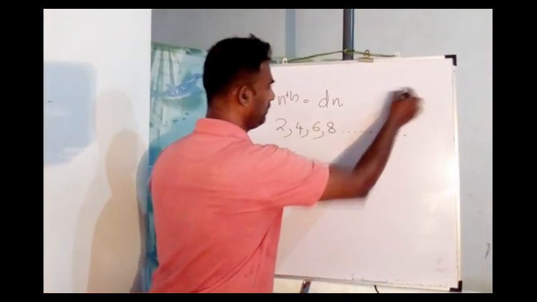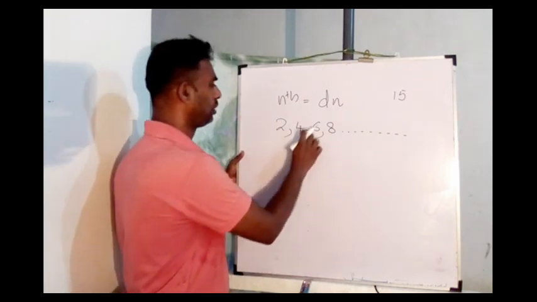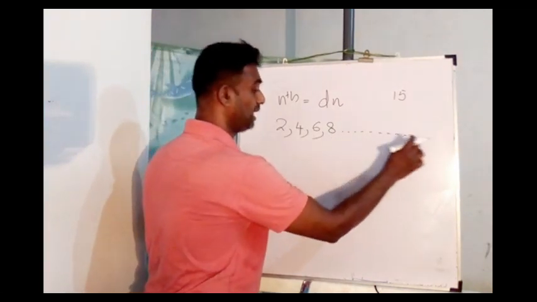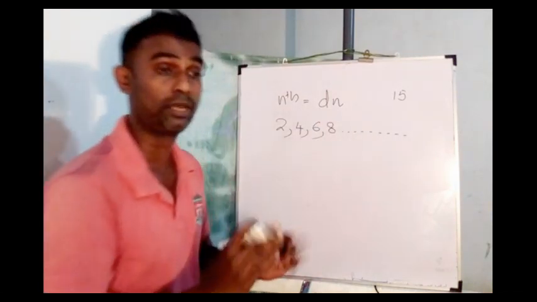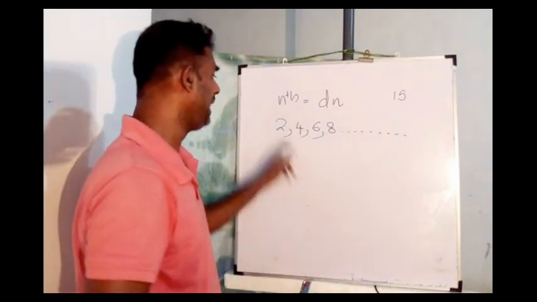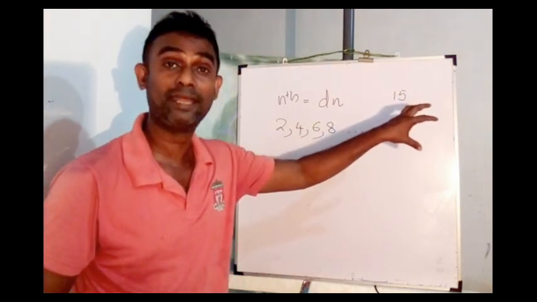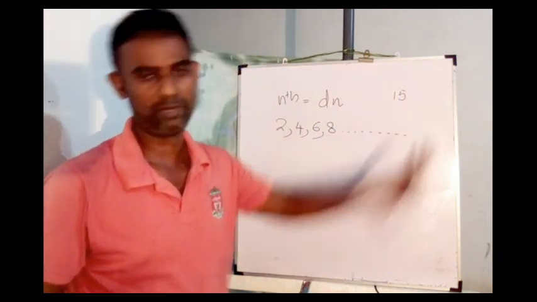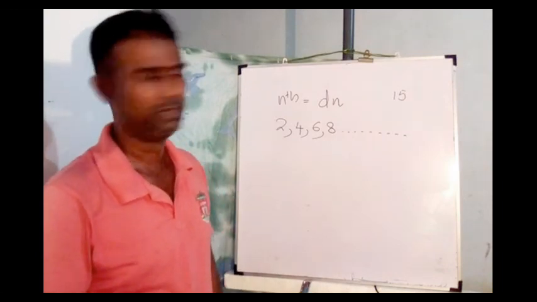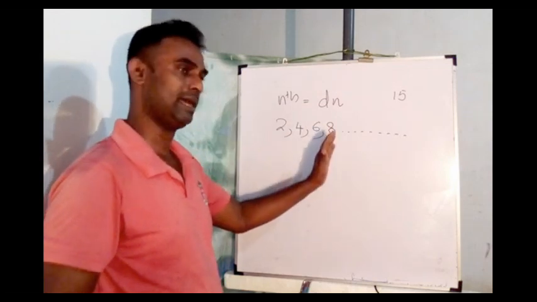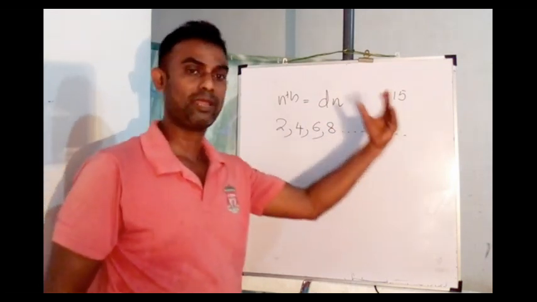That means counting 1, 2, 3, 4, 5, 6, 7, 8, 9, 10, 11, 12, 13, 14, 15, we want to find that number in the pattern 2, 4, 6, 8. But this is only 15 terms, therefore it is easy. We can write it out and find it.